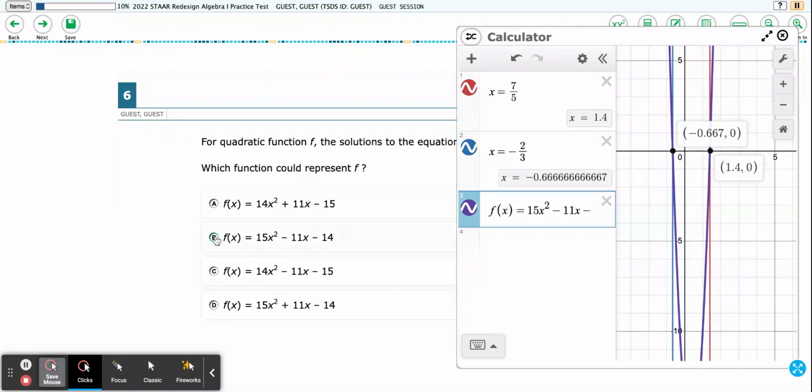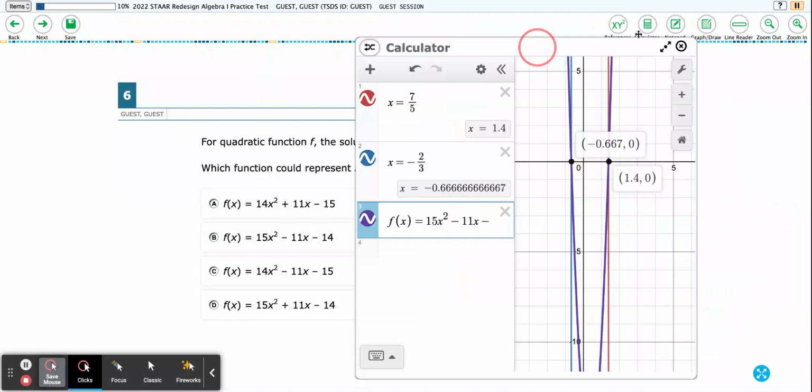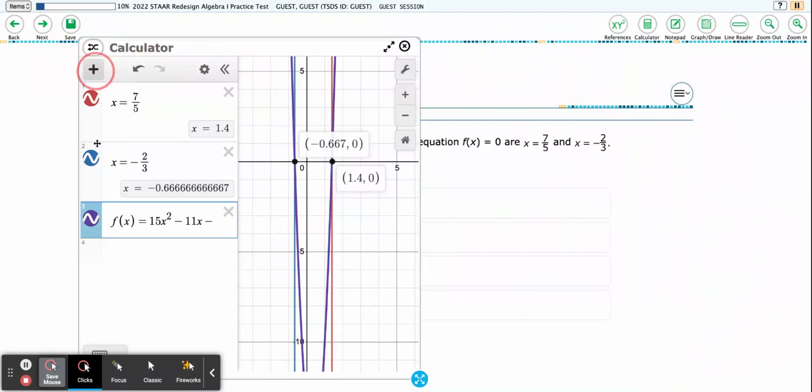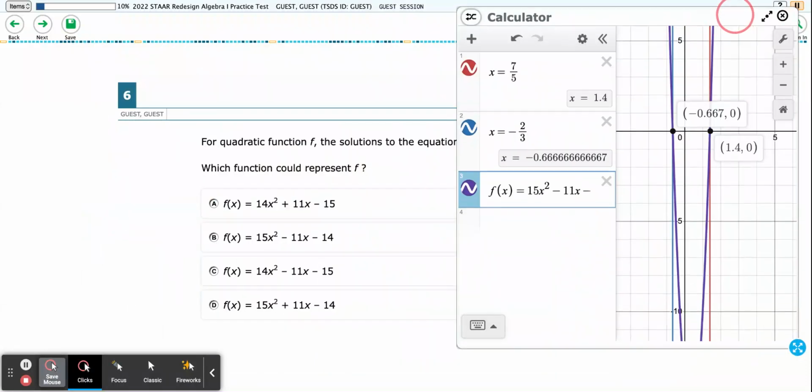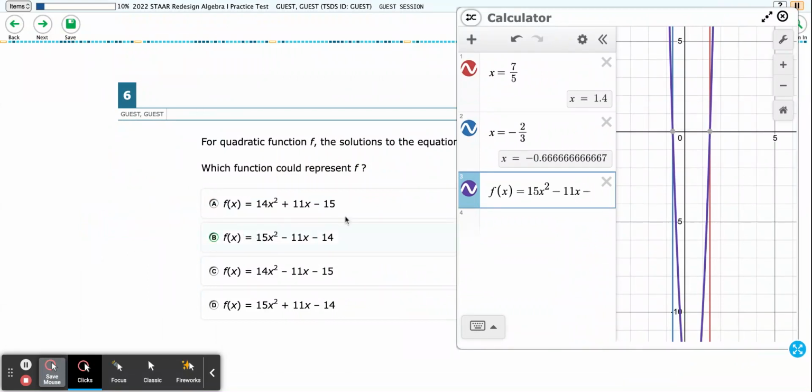So the function for which x equals 7 over 5 and x equals negative 2 over 3 share the x-intercepts is 15x squared minus 11x minus 14, because they intersect at the x-intercepts. They share that x-intercept. If you remember to do this, you'll get these questions right every time.